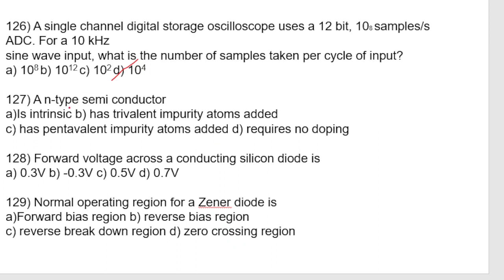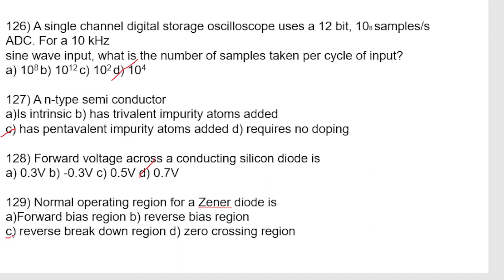An n-type semiconductor is intrinsic, has a trivalent impurity atom added, has a pentavalent impurity added, or requires no doping. So it is pentavalent. Forward voltage of a conducting silicon diode is 0.7 volt. Normal operating region of Zener diode is forward bias, reverse breakdown region, or zero crossing region.